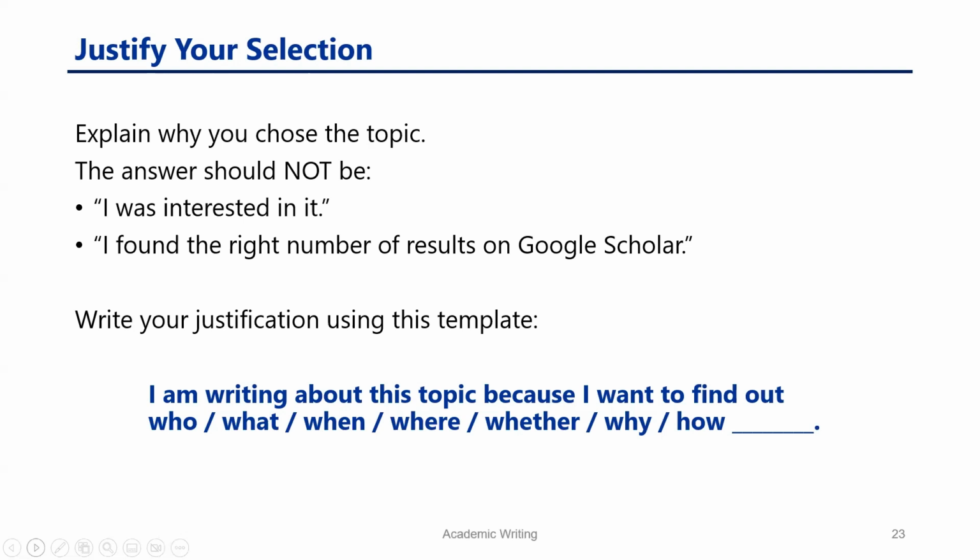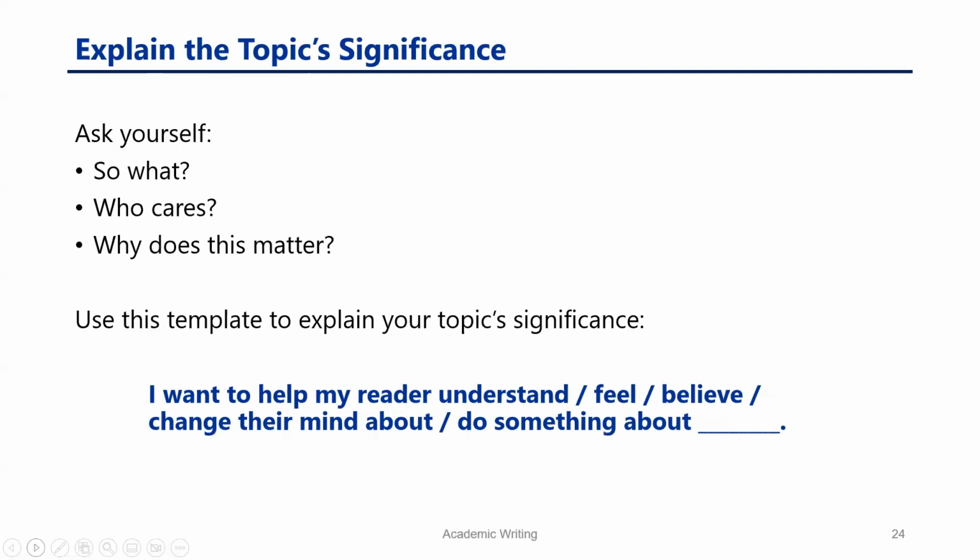So write your justification using this template: I am writing about this topic because I want to find out who or what or when or where or whether or why or how. Then you need to explain the topic's significance or its importance to the reader.